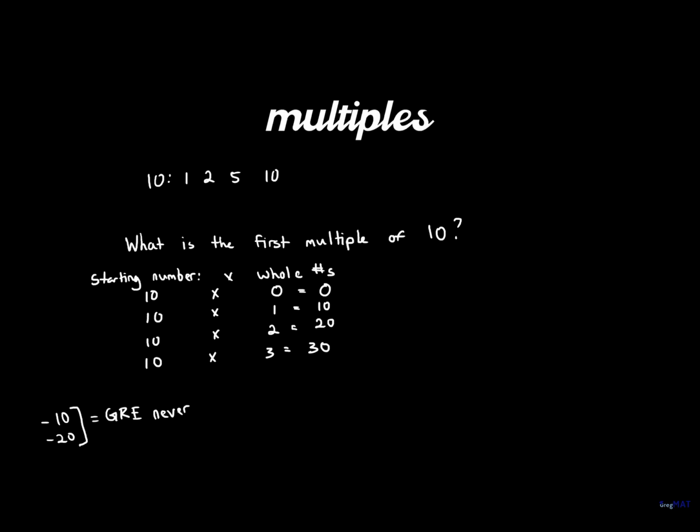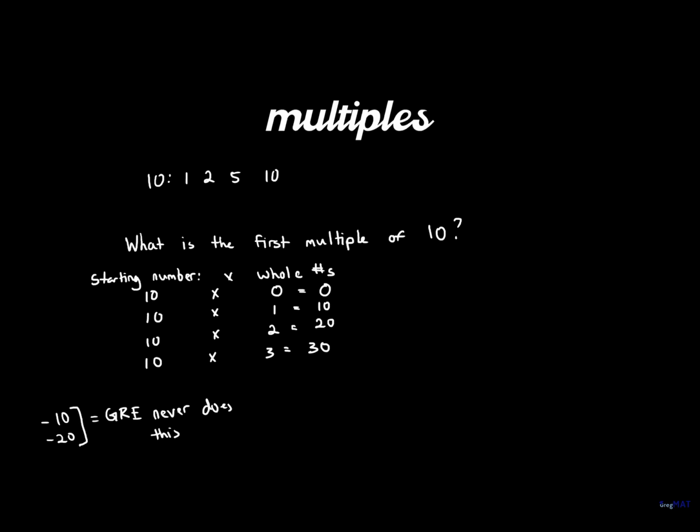So you don't need to worry about it. I'm not going to get into the nuances of negative numbers here. I'm just going to tell you what the GRE does, and the GRE does not use negative numbers in this context. Hopefully that makes sense to everybody. Now, we have two concepts that we have to talk about.